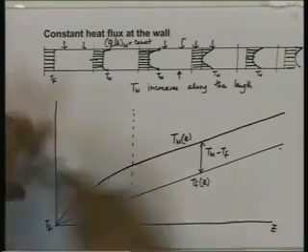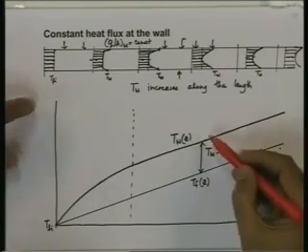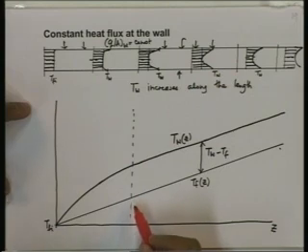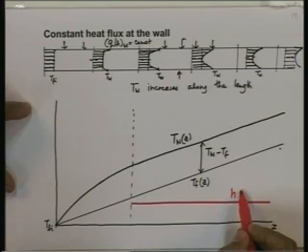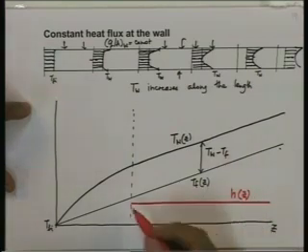What happens to the heat transfer coefficient? The heat flux is constant, so the heat transfer coefficient is inversely proportional to this temperature difference between the wall and the fluid. In this zone where the temperature difference doesn't change, the heat transfer coefficient plotted as a function of z would be a uniform value.